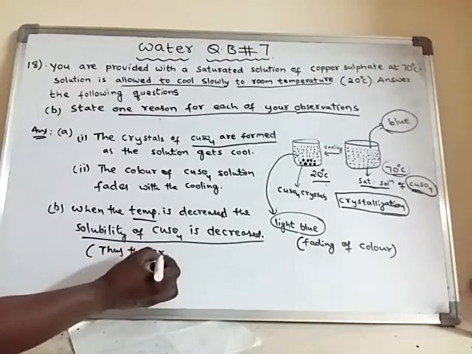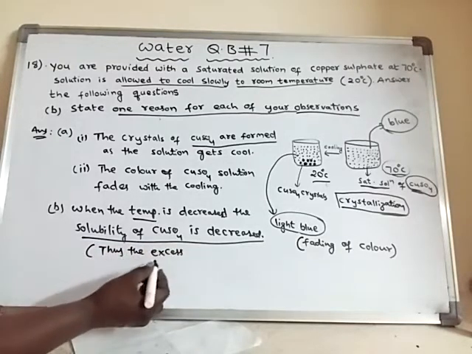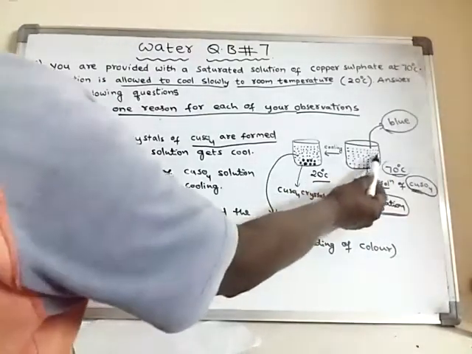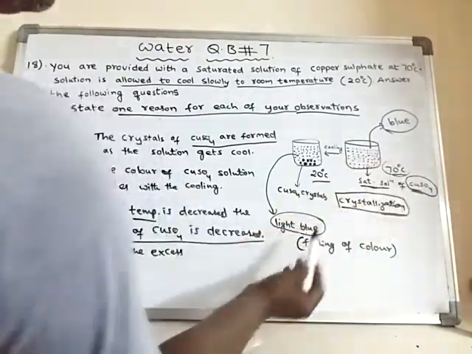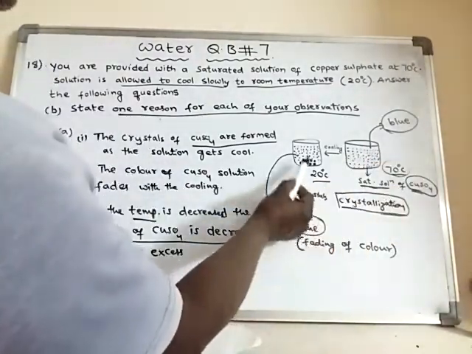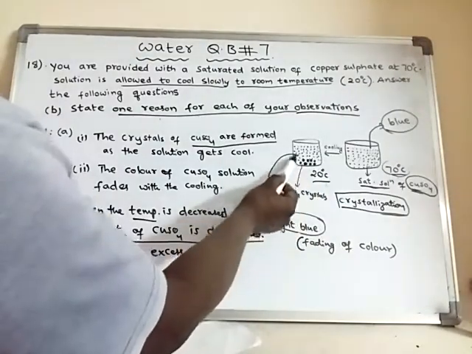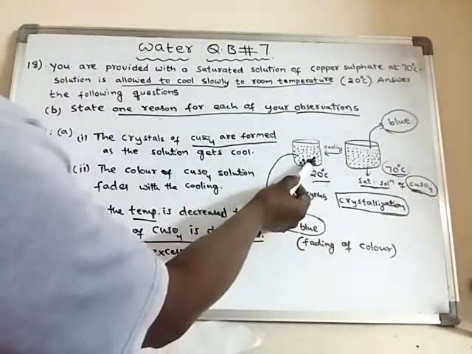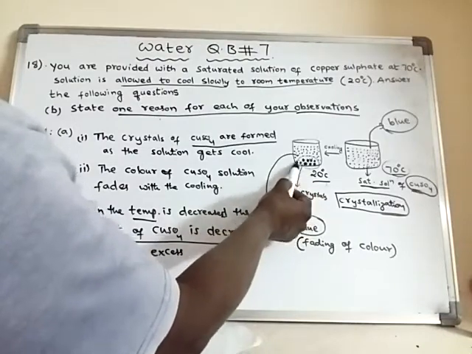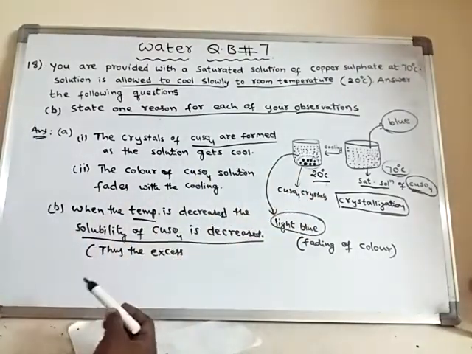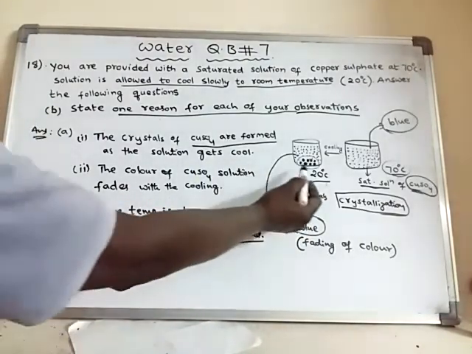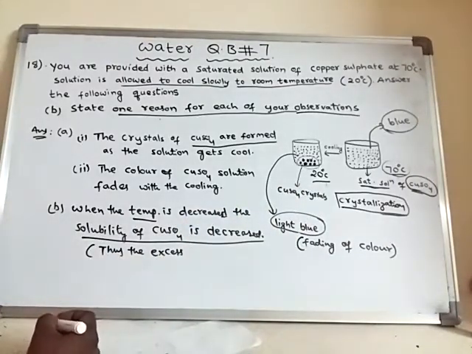So here the solubility is more at higher temperature, and at lower temperature solubility is less. As its solubility is less, what happened? The excess amount of copper sulfate will crystallize out and settle at the bottom as crystals of copper sulfate.